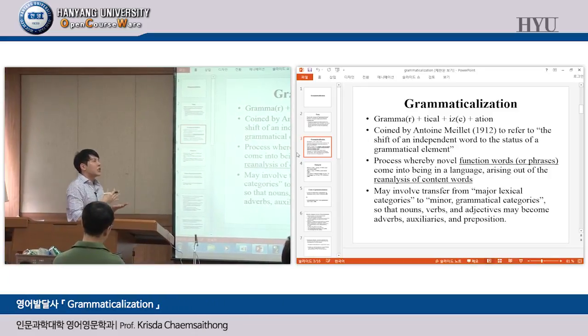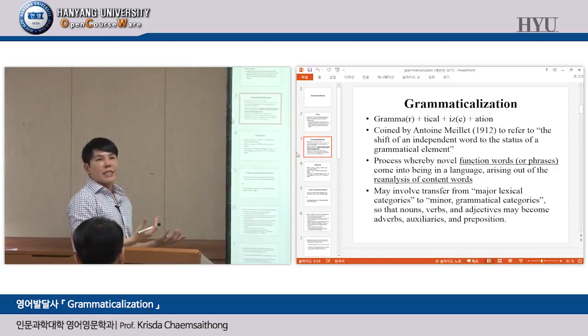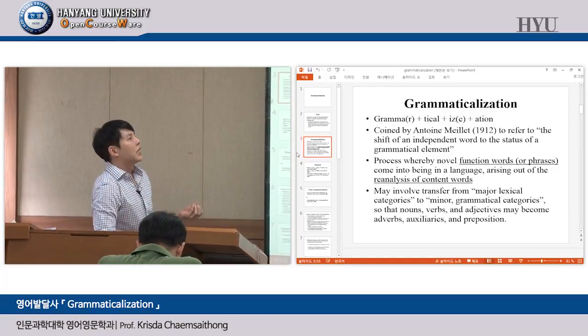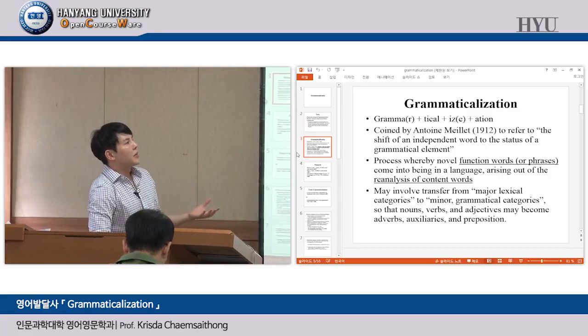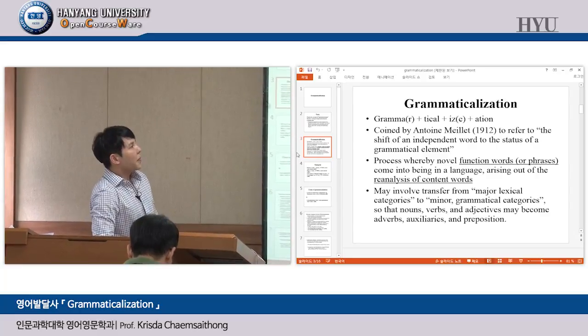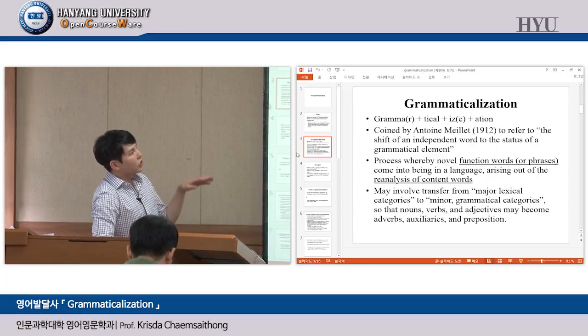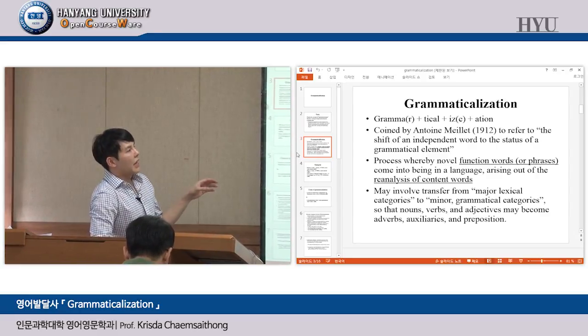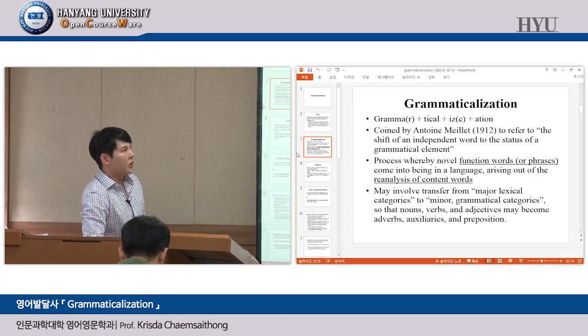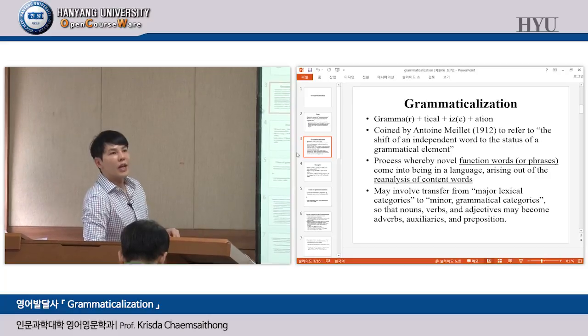So this has to do with how grammatical items in a particular language arise, how grammatical items come into being, in other words. This term was coined by Antoine Meillet in 1912 to refer to the shift of an independent word to the status of a grammatical element.